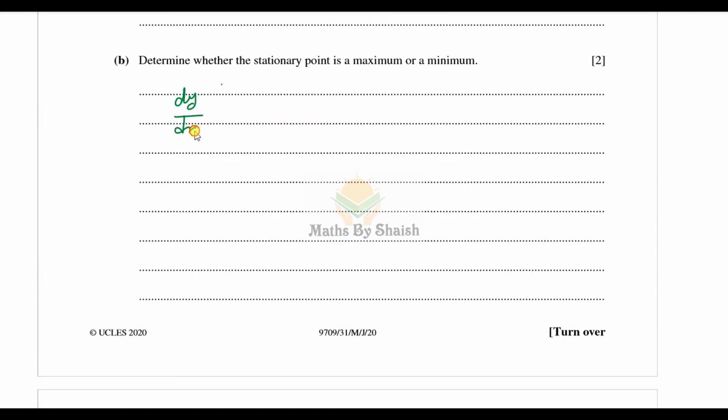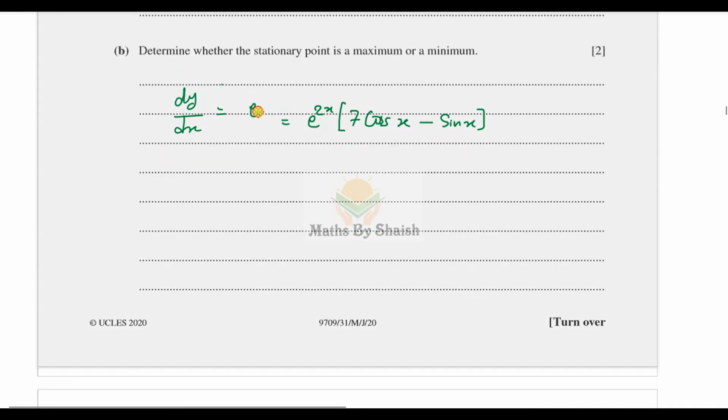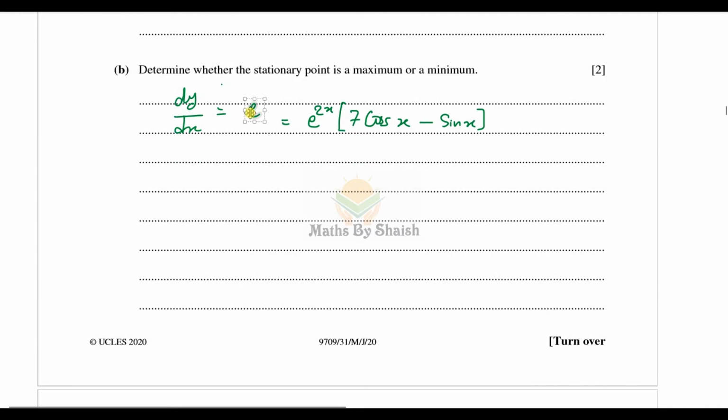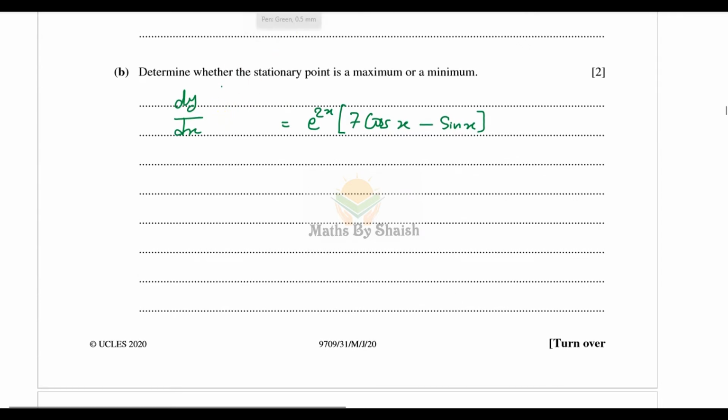From the first part it was e raised to the power 2x times 7 cos x minus sin x. So from here we can find d2y over dx square.